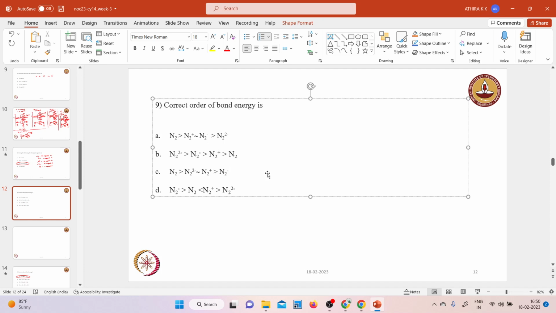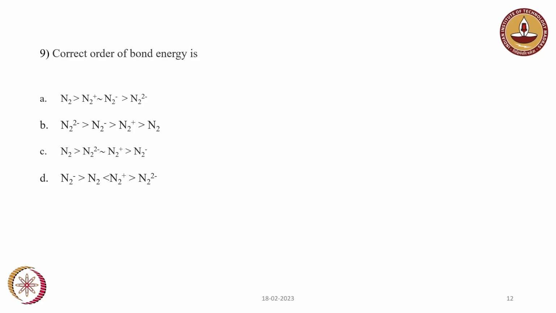C is N2 greater than N2 2 minus similar to N2 plus greater than N2 minus, and D is N2 minus greater than N2 less than N2 plus greater than N2 minus.